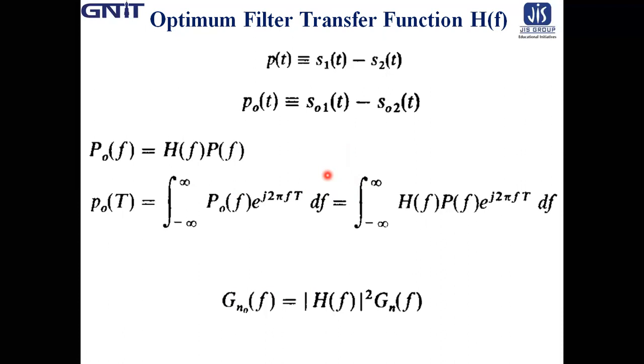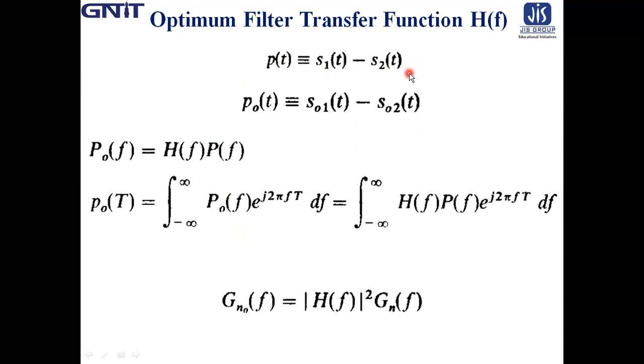It is important to note that gamma is proportional not to S1(t) nor to S2(t), but rather to the difference between them. The signal which is relevant in all our error probability calculations is the difference signal, that is p(t) equal to S1(t) minus S2(t).